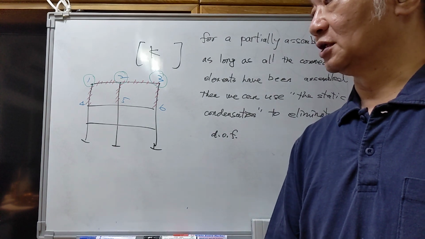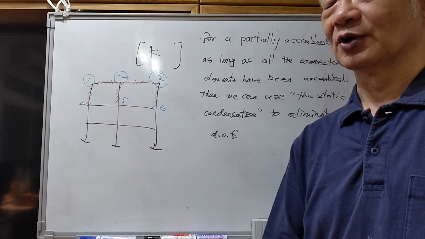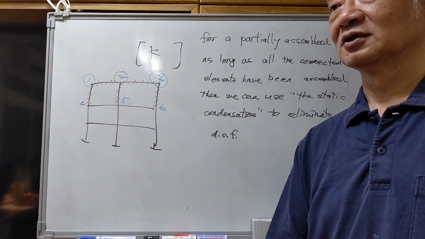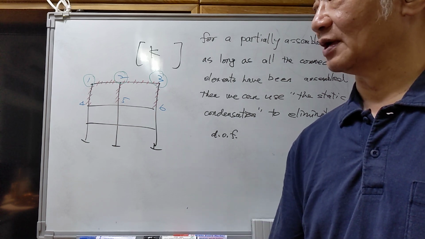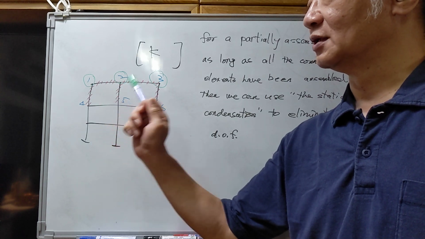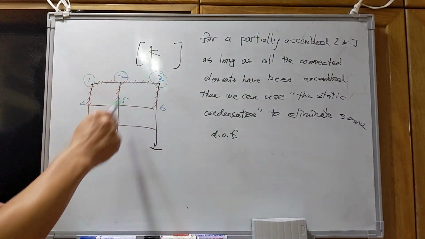If we check the corresponding right hand side force vector, we don't know the member end force of this column element. So we can eliminate only these 3 nodes.